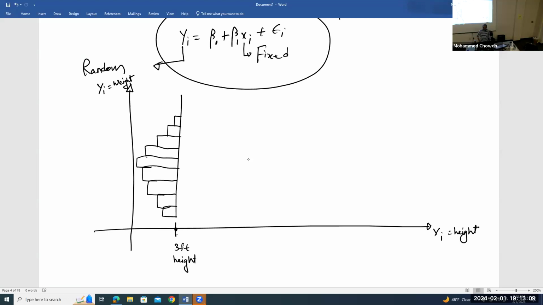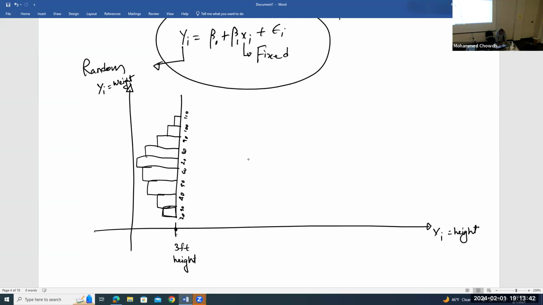Are you understanding? So the bins are 20 to 30 pounds, 30 to 40, 40 to 50, 50 to 60, 60 to 70, 70 to 80, 80 to 90, 90 to 100. I know that is too much, right? And this is the number of persons. For 20 to 30, how many persons? Suppose 10%.